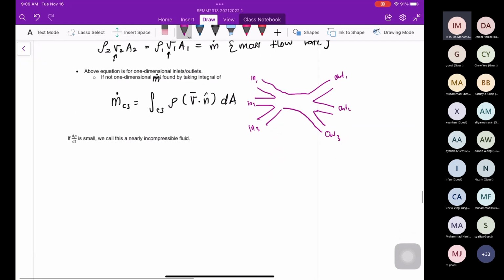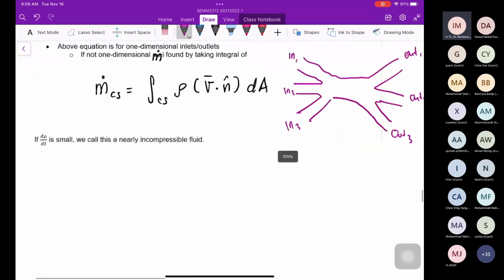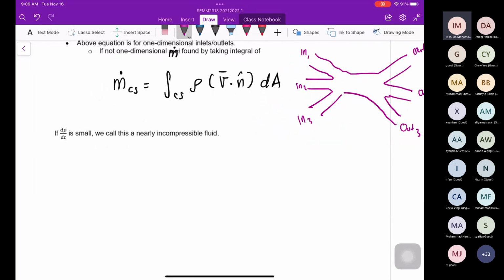Okay. So if the change of density is very small, that means it is incompressible.